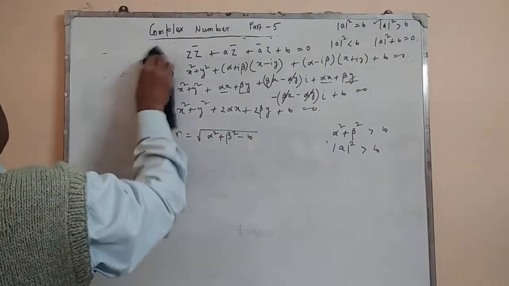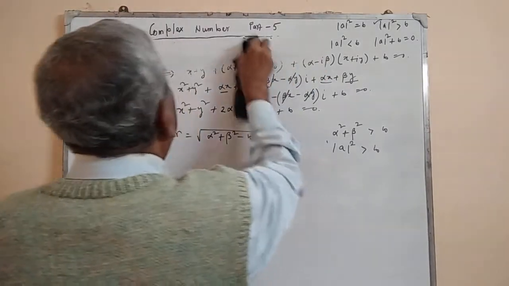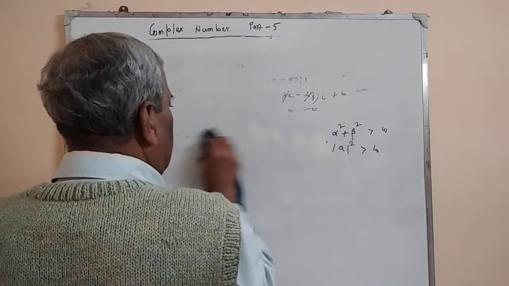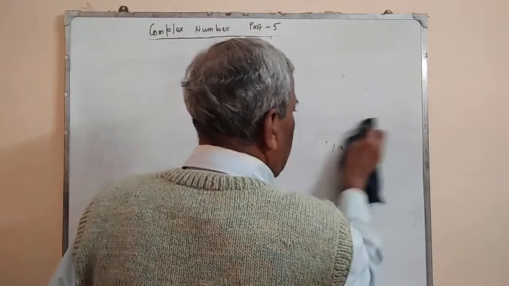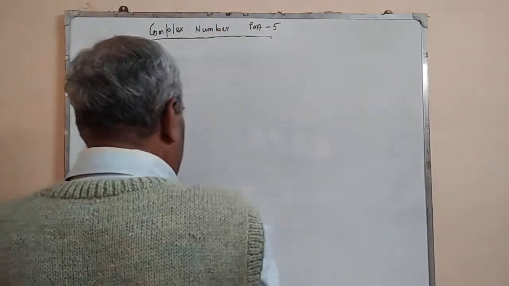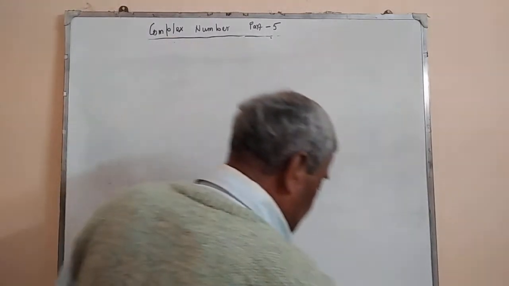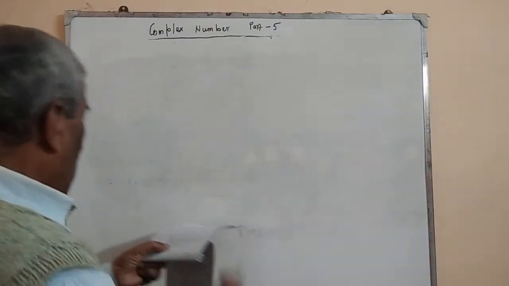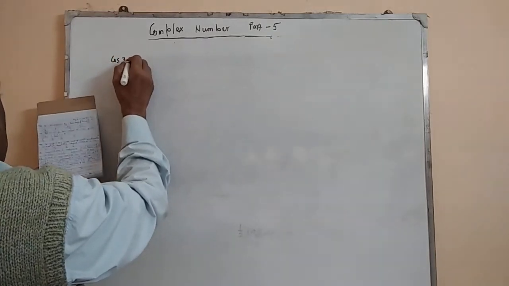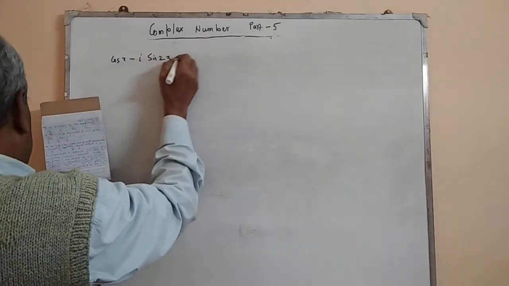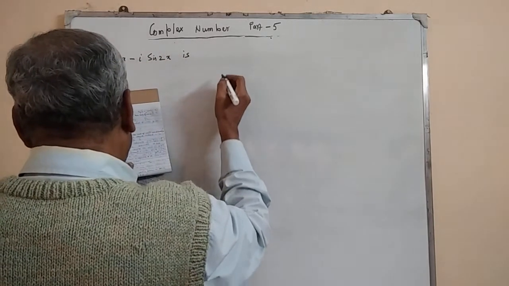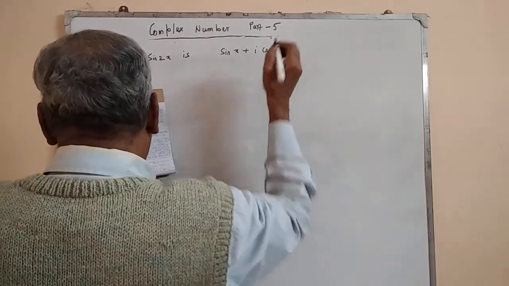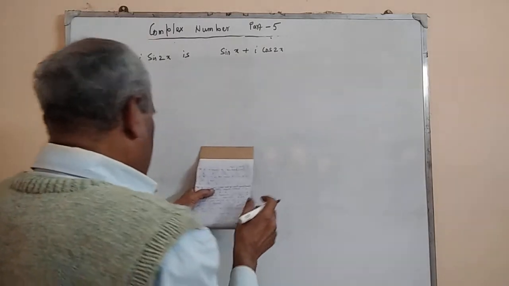Next problem. If cos x minus i sin 2x is the conjugate of sin x plus i cos 2x, then which one is true?